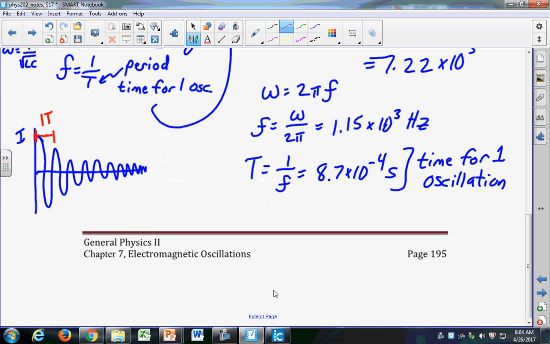And so to find the number of oscillations, I say 0.011 seconds divided by the period, 8.7 times 10 to the minus 4. And I get 12.6.